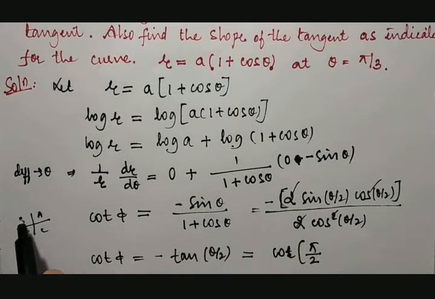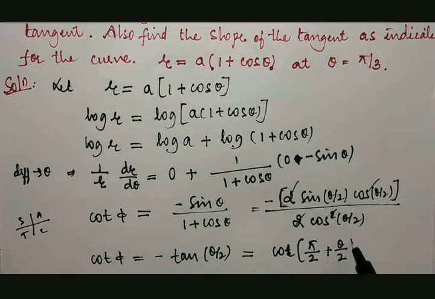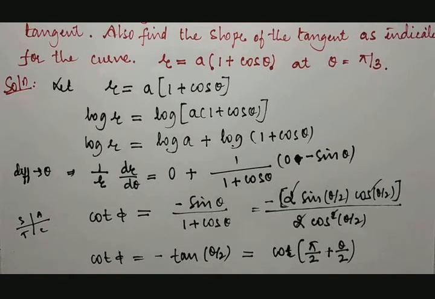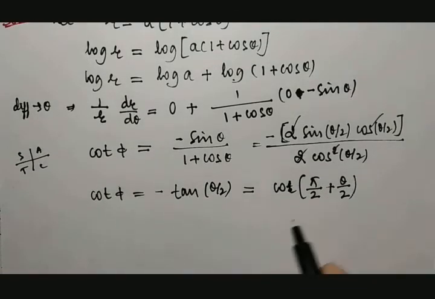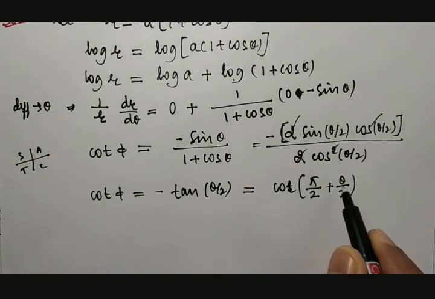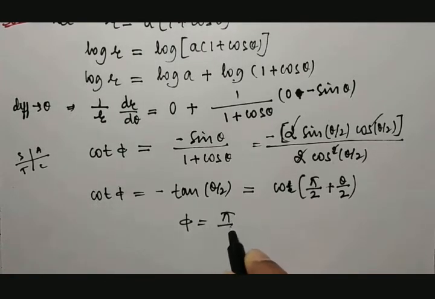When we need to push it to the second quadrant, what we have to do? We have to take 90 plus whatever the angle is, that is theta by 2. Therefore, cot phi is equal to cot of pi by 2 plus theta by 2. Therefore, phi is equal to pi by 2 plus theta by 2.